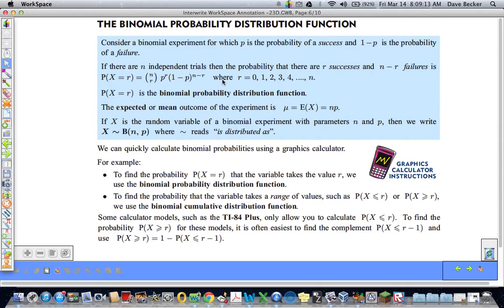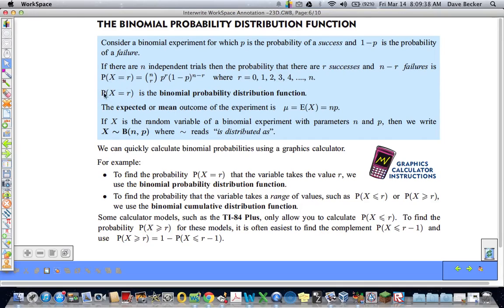If we list it using the formula, the first one is the probability of the success, and the second one is the failure. We call this the binomial probability distribution function, the probability that the random value of x is equal to r successes, a specific number of successes.